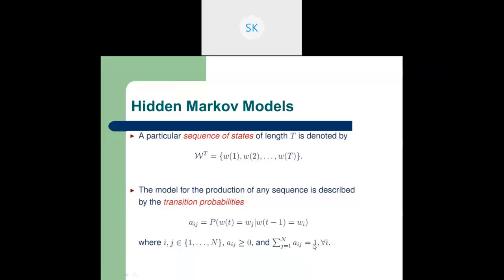These two transitions are probabilities, so the addition of these two probabilities is equal to 1, because the maximum of the probability is 1 only. So the sum of a of ij is equal to 1.